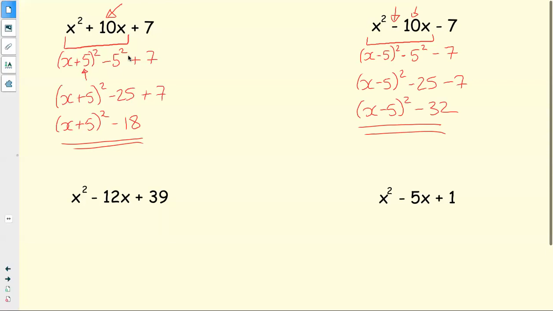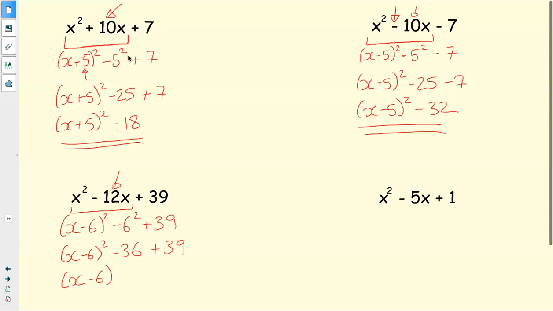This one down here. So again, we've got x, subtract half this number, becomes 6 all squared, subtract 6 squared, and then add your 39 on. Final answer.